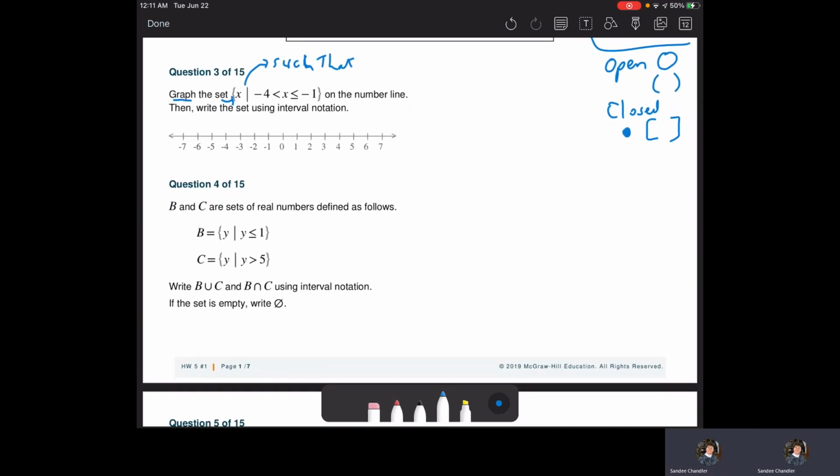Notice they want us to graph it, but then they also want us to use the interval notation, and that's where the parentheses and the brackets come in. So we see we're open on -4. We're closed on -1, and the x is between those two. So we're starting, so it's open at -4, comma, we're going to -1, but -1 is closed. The brackets or parentheses will always face towards the inside. Okay? So that is our interval notation.